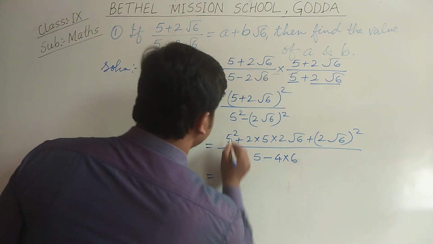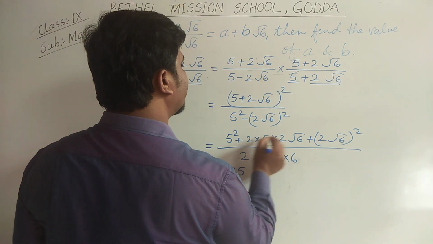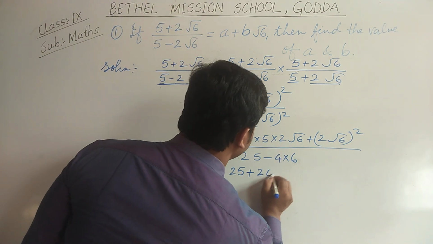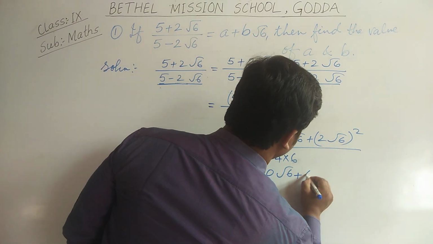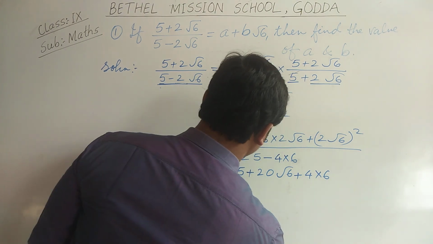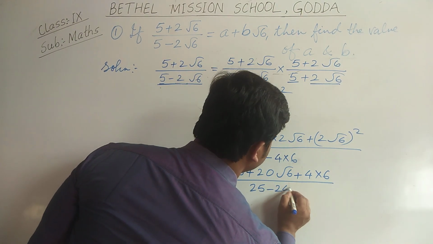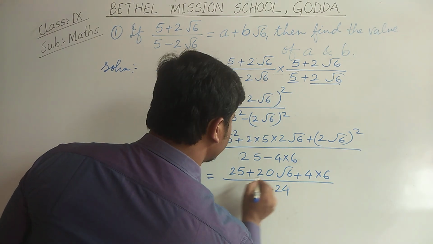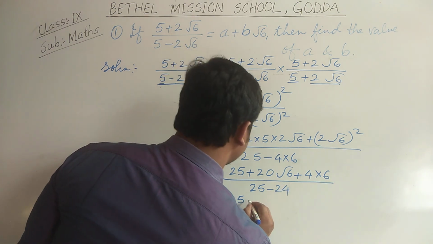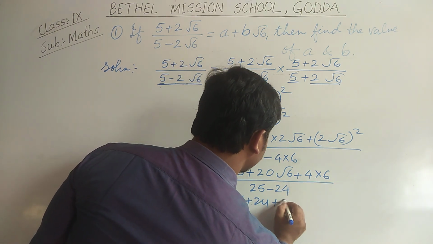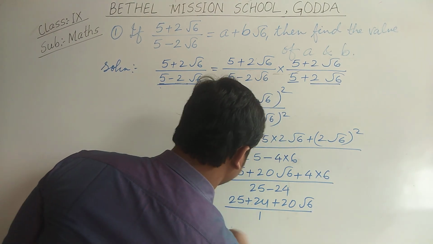So what will be? 5 fives are 25, and 5 twos are 10, 10 twos are 20, plus 20√6, and here plus 4 into 6 upon 25 minus 24. Then it will be 25 plus 4 sixes are 24, plus 20√6 upon 1.